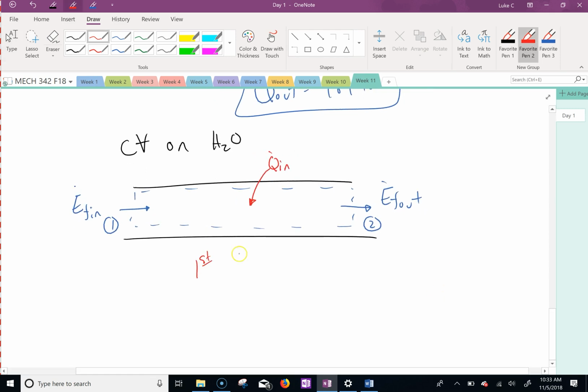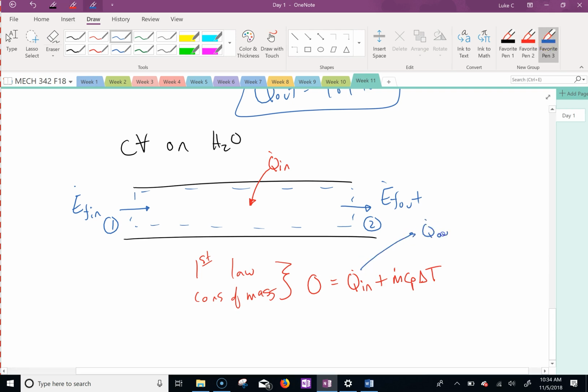So you got the first law, you got conservation of mass. And just to save some time, we end up with 0 equals Q dot in plus m dot Cp delta T. And Q in is also equal to Q out.